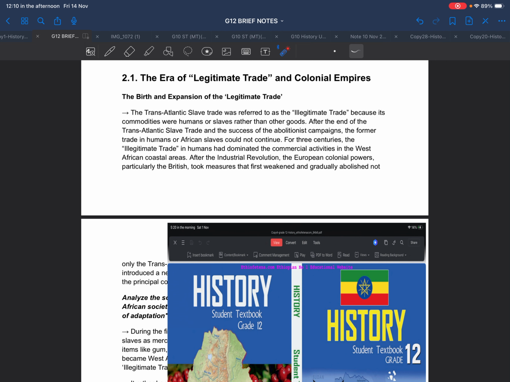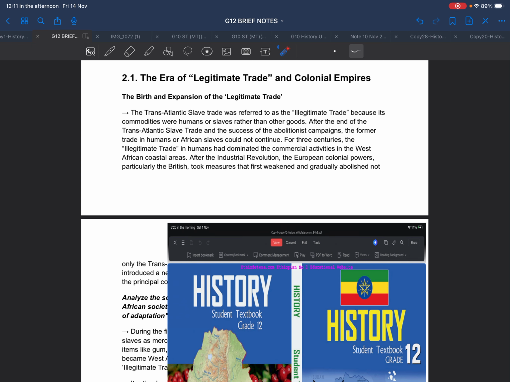considering the slaves as commodities for three centuries, meaning that from 1500 to 1800 they were bought and sold. The illegitimate trade in humans had dominated the commercial activities in the West African coastal areas.